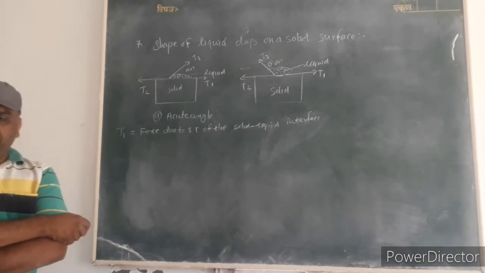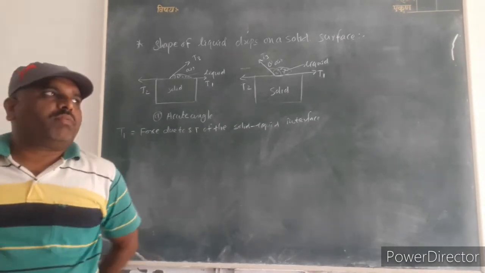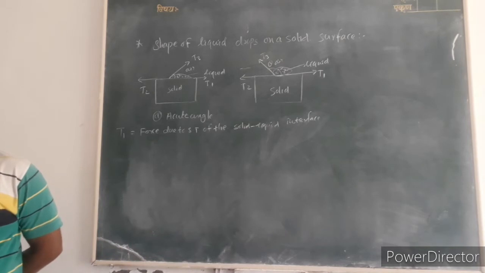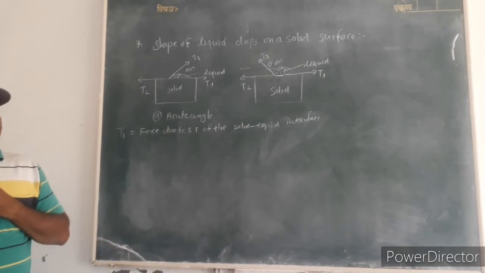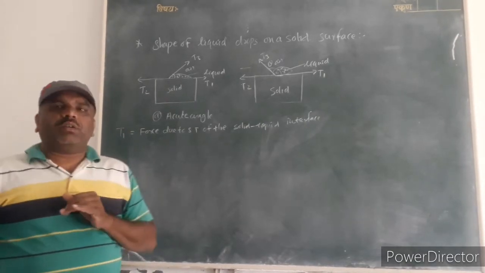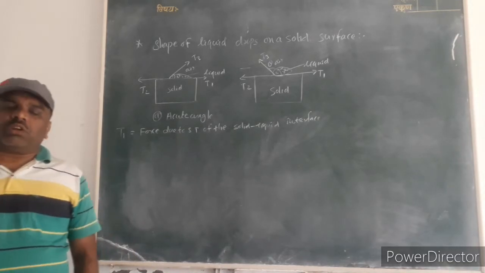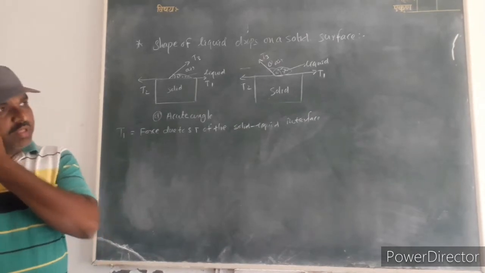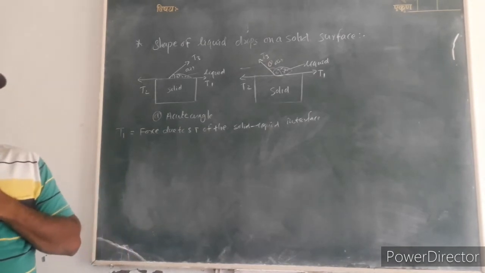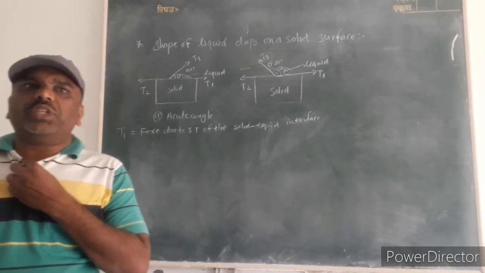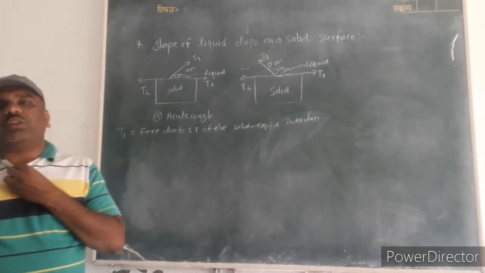We know that when a small amount of liquid is dropped on the surface of a solid, then either it spreads over the solid or forms small droplets, depending upon the nature of the surface of the solid and the liquid, and upon which type of liquid is dropped on the surface.